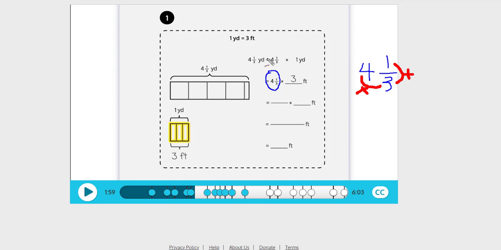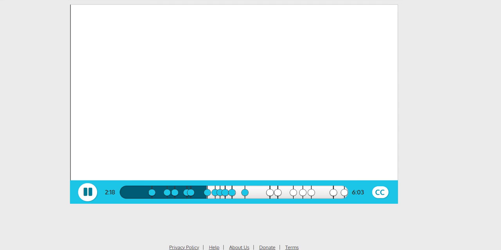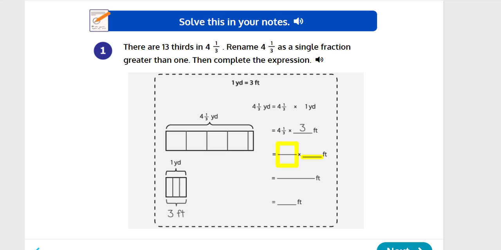There are 3/3 in 1 whole. So how many thirds are equivalent to 4 1/3? Write that here as a single fraction. Then complete the expression. The second factor should still be 3 feet because we're still converting from yards to feet.